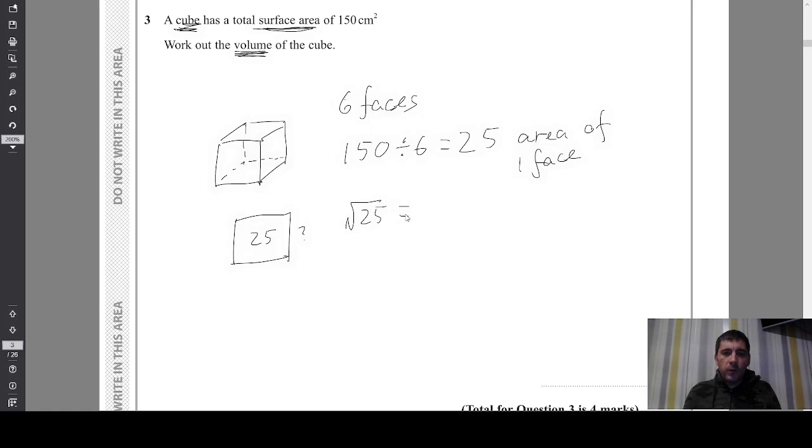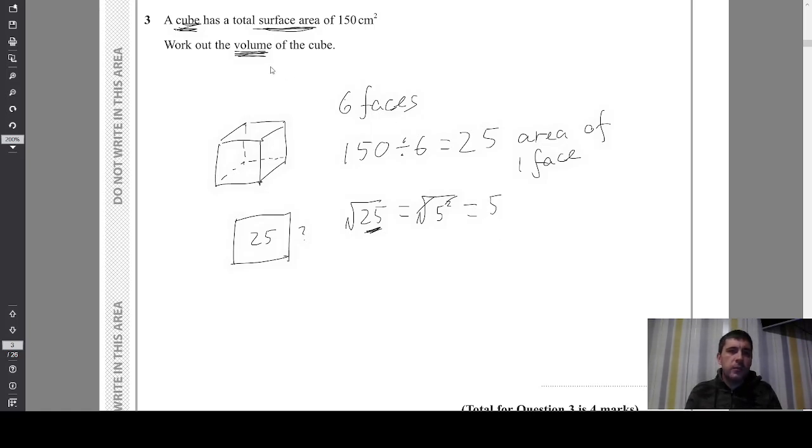We need to figure out what number multiplied by itself makes 25, which is 5. So 5 squared makes 25. I have not changed anything yet, so what happens with square root and square, they just cancel each other's effect, and we get that the length is equal to 5.